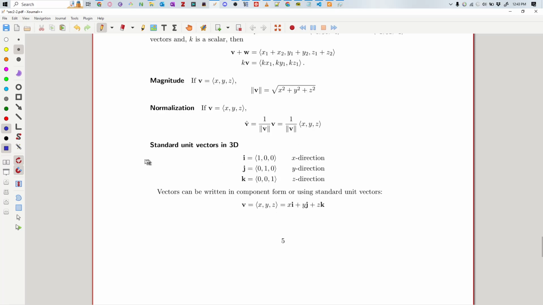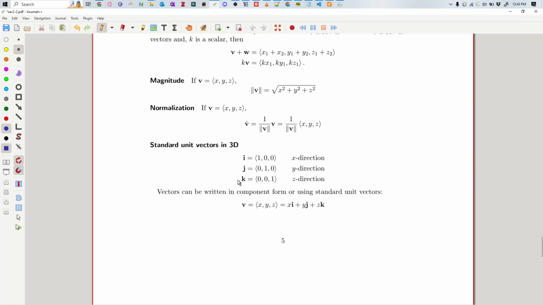That's fine. Standard unit vectors in 3 dimensions. So i and j we had previously, but here, now that we're in 3 dimensions, we need this extra component. So they have this additional z component, which is 0, and we have an additional direction. We have the z direction.